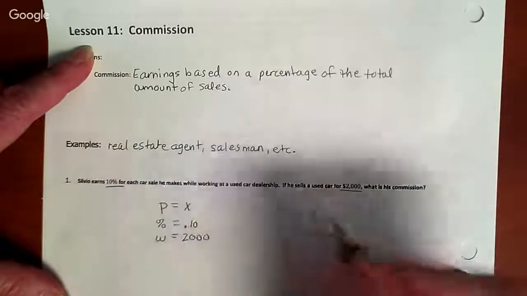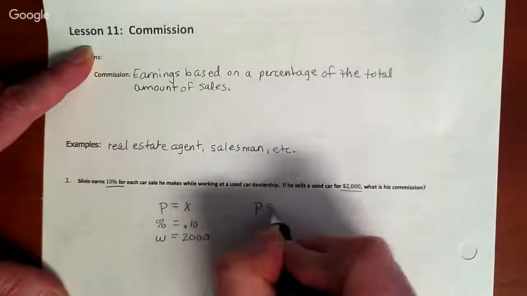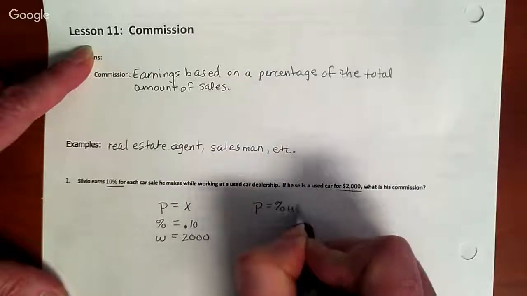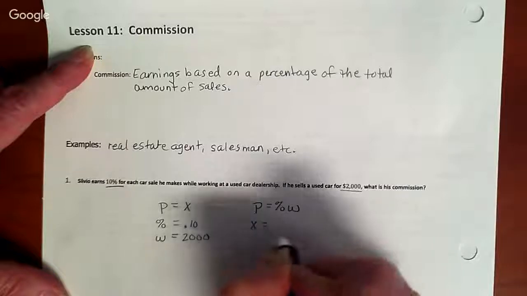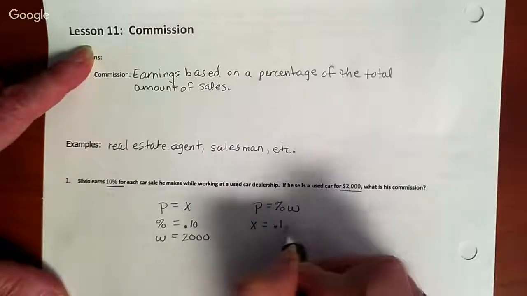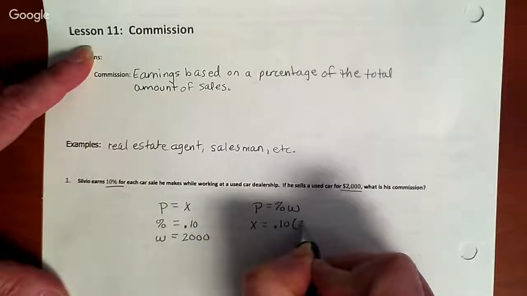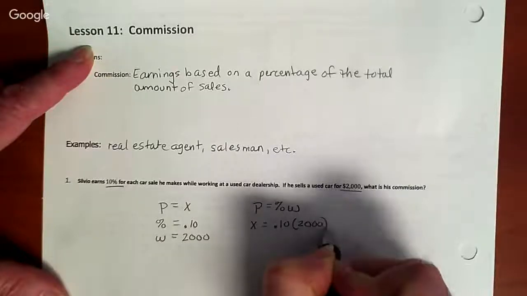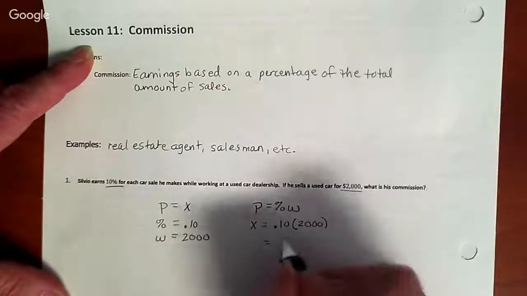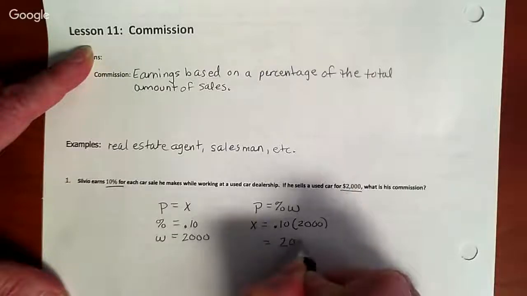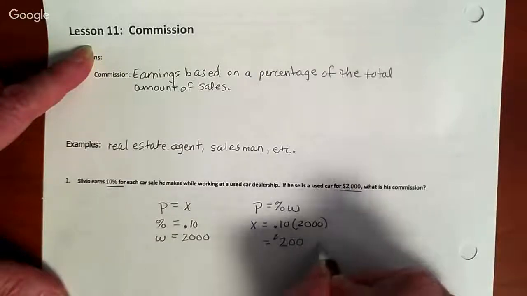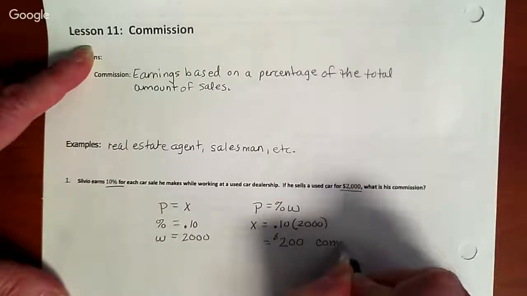And then we have X. So we have P equals percent times whole. So we have X equals 0.10 or 0.1, however you want to do that, times 2,000. And that equals $200 is what he makes for commission.